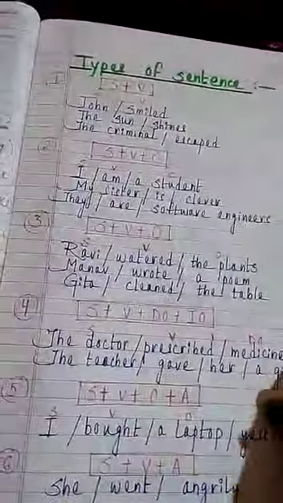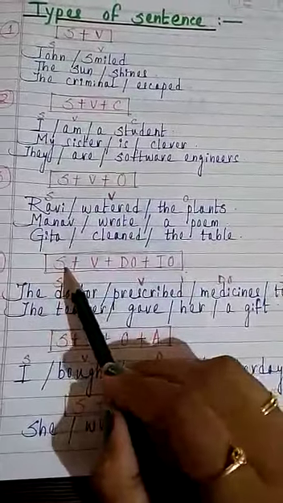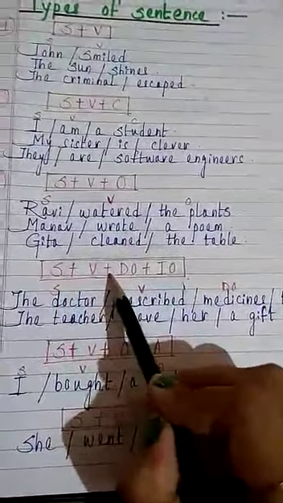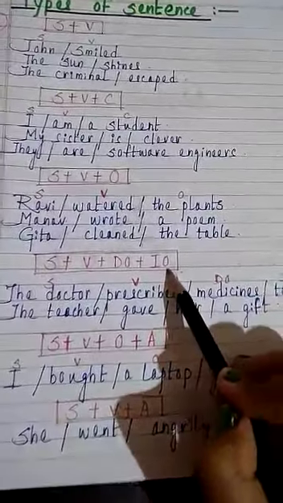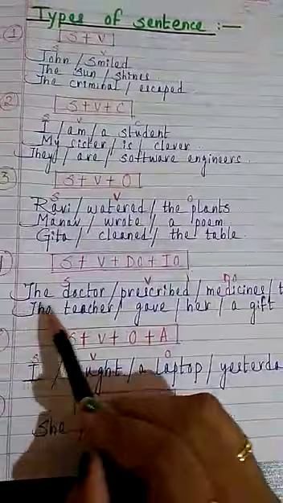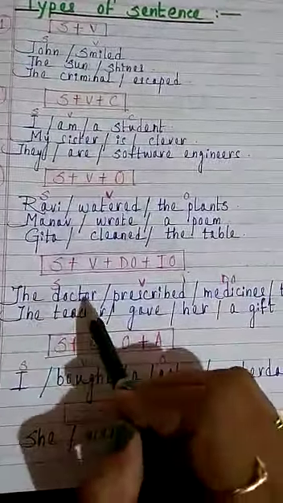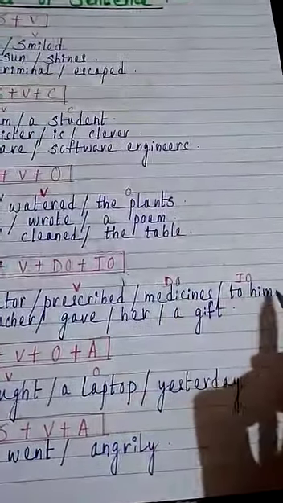Then coming to the next category, what is there? In the fourth type we can make a sentence by adding subject plus verb plus direct object plus indirect object. How will you form this type of sentence? Look at the example. The doctor prescribed medicine to him.